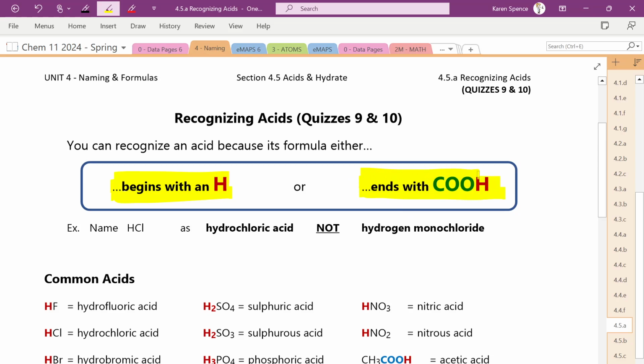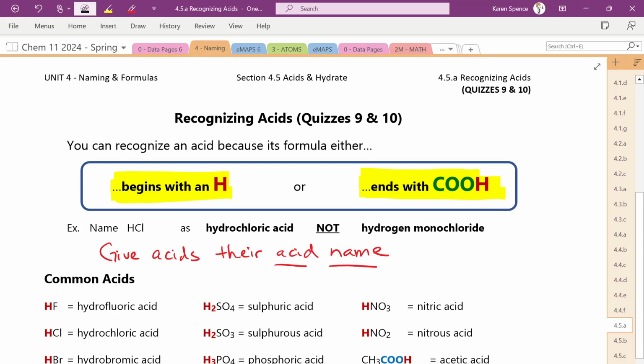And if you have an acid, I want you to give it the acid name. Give acids their acid name.